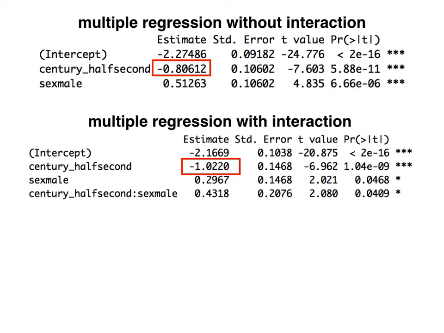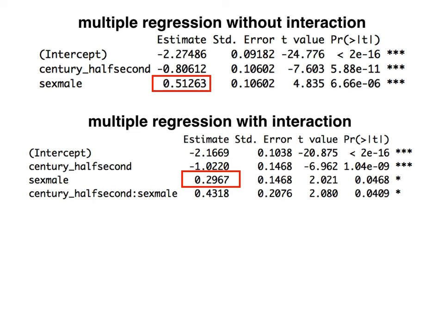This means the effect is larger specifically when only looking at data from female names compared to looking at data pooled across sex. We can do the same thing for our effect of sex, comparing the first model to the second model. Now here we see the effect is larger for the model without the interaction. So the effect of sex is larger when the data is pooled across century half than when specifically looking at the first half of the century.